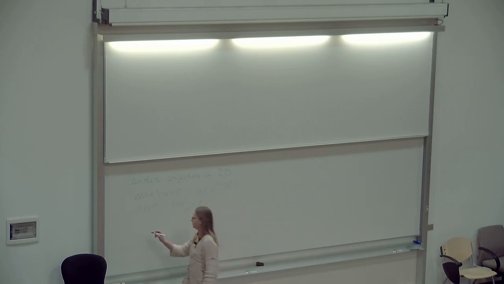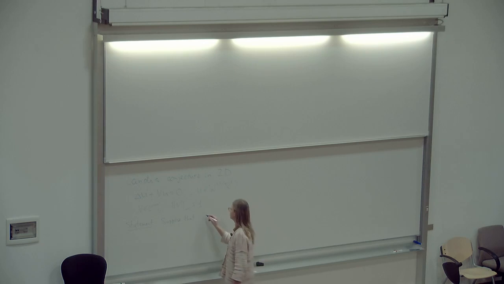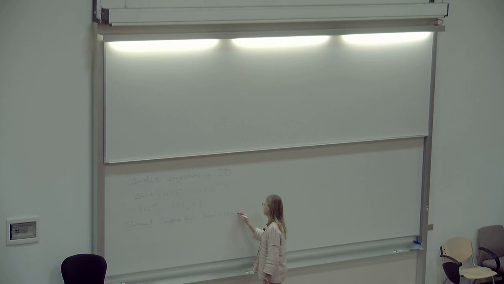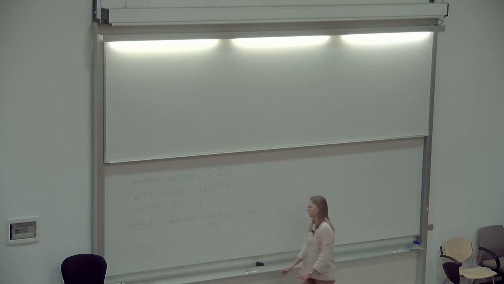So the statement: suppose that for some large constant, u of x is bounded by e to minus this constant c times x log x for large enough x, and c is larger than c0, then the function is a 0 function.